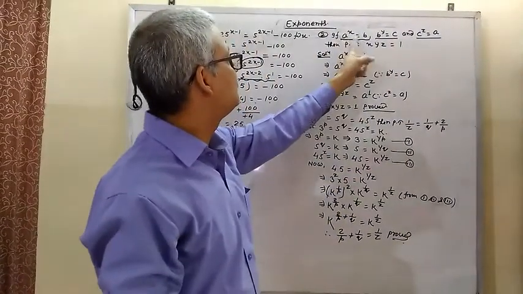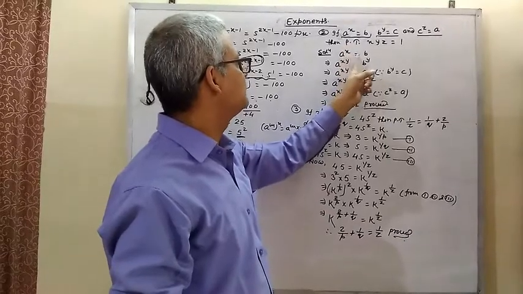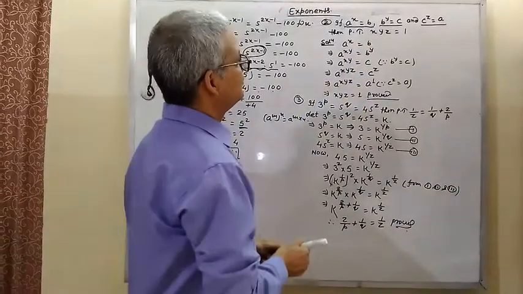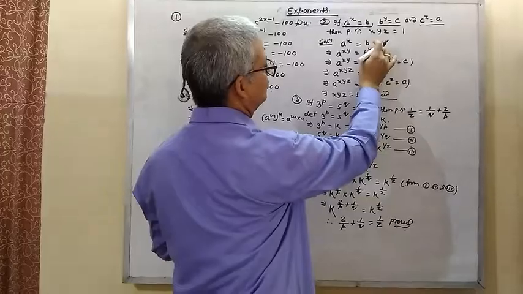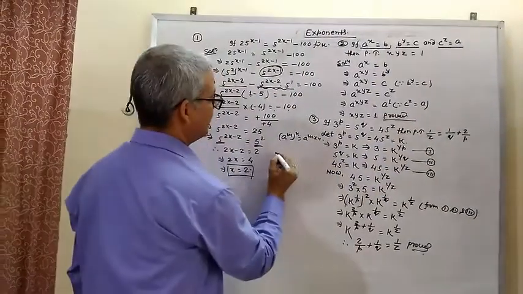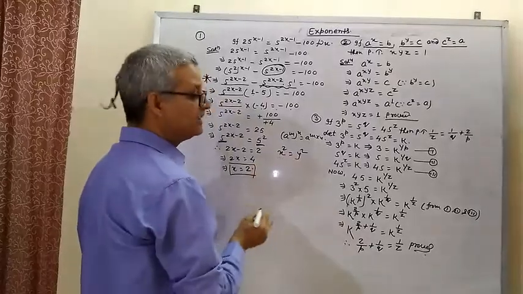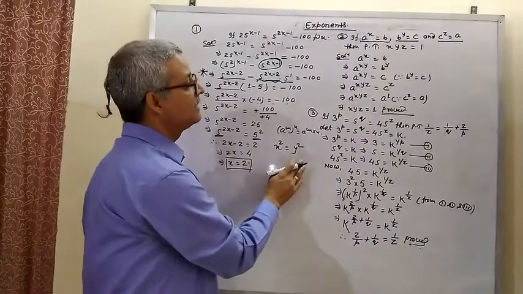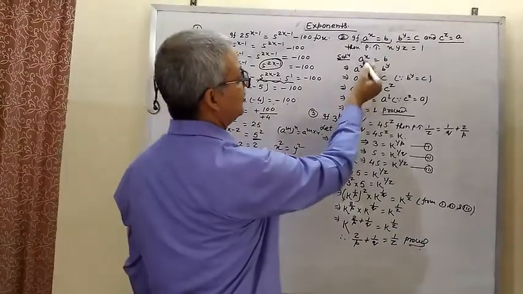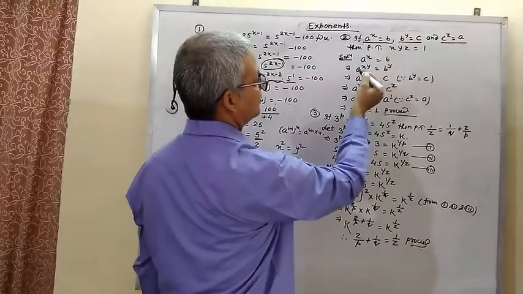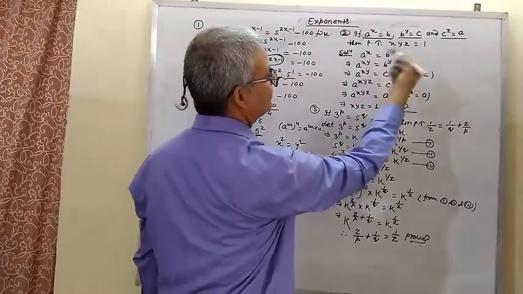So suppose the first part I have taken, a to the power x is equal to b. Now this a to the power x is equal to b. Suppose anywhere if we have x is equal to y, we can square both sides. There is no change in the earlier value. So here a to the power x is equal to b. Now I make the power y on both sides.